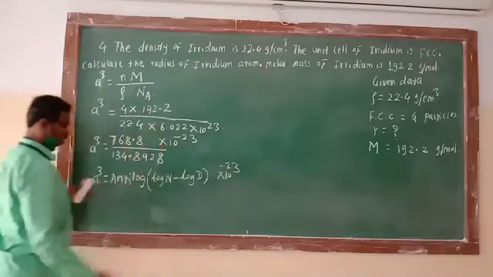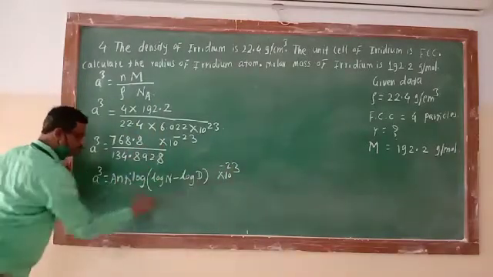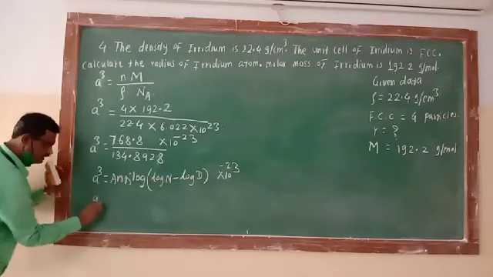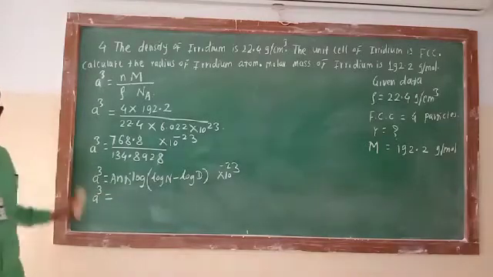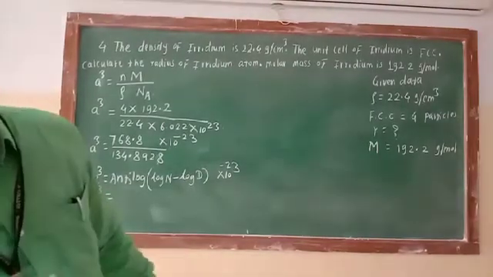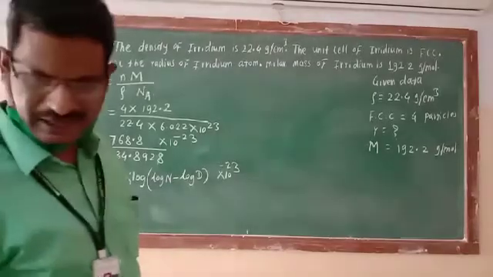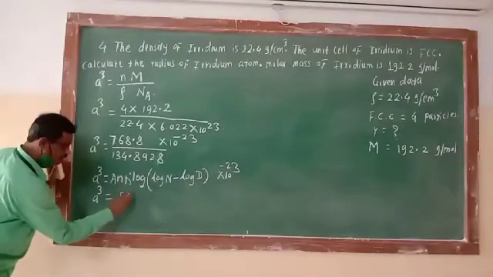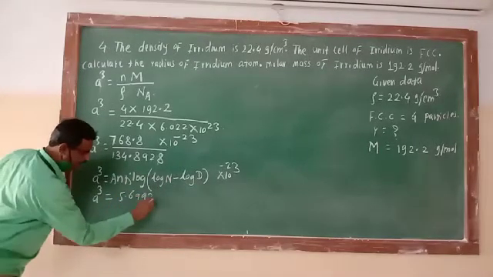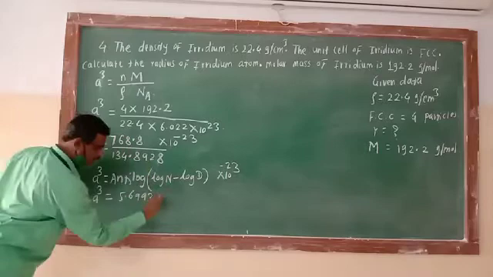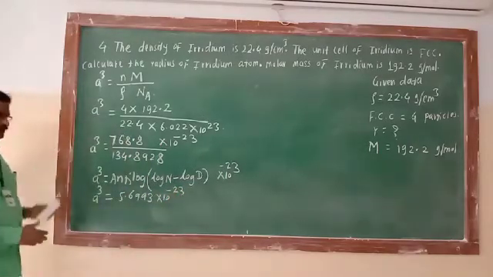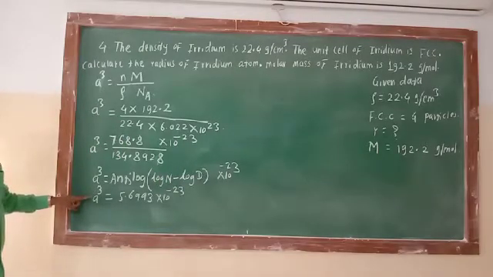If we solve this value, log of numerator minus log of denominator and then antilog, we will get a cube, and that answer comes equal to 5.6993 multiplied by 10 raised to minus 23. So this is about a cube, the volume we have calculated.